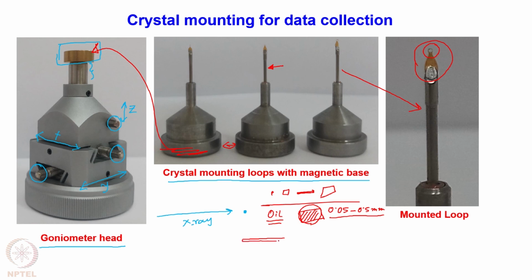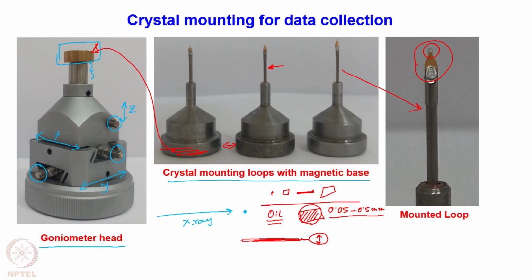from various suppliers, where you have a very fine metal tube, and at the tip you have a nylon loop which looks like that. This is a nylon thread which is actually bent end to end, twisted several turns, and the twisted end is then inserted inside this thin metal tube and sealed with glue, and this also is available with a given size.